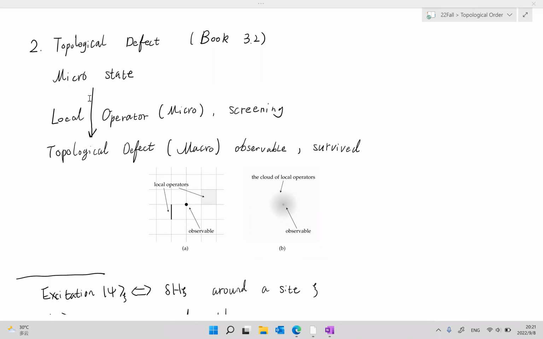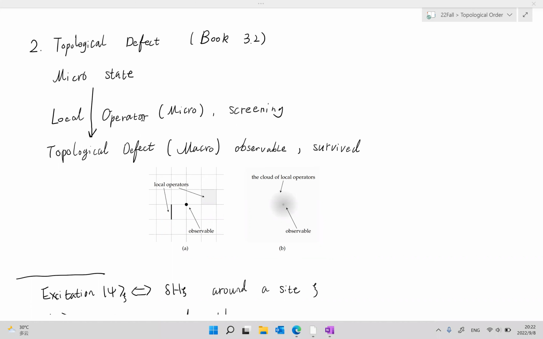Is that accurate? No. Actually, physicists understand local intuitively. There are many local operators such as sigma z, sigma x, or A_v or B_p, anything in the toric model.